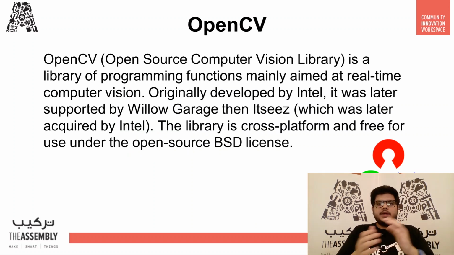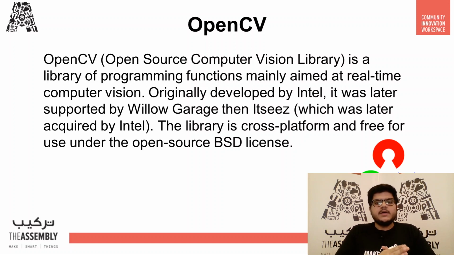Now for today's workshop, we are going to be using OpenCV along with Python to code a Raspberry Pi smart surveillance camera. For those of you who don't know what OpenCV is, OpenCV stands for Open Source Computer Vision Library, and it's a library that is mainly used for real-time computer vision.